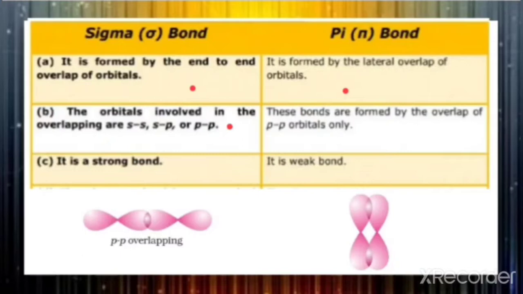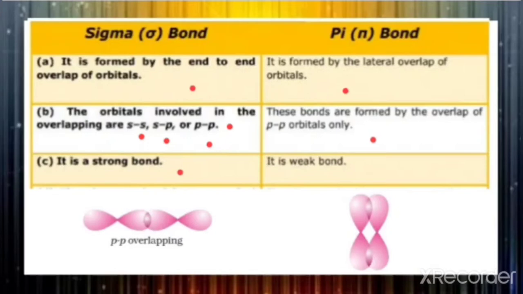Sigma bonds involve s-s overlapping, s-p overlapping and p-p overlapping. In the case of the pi bond, sidewise overlapping is only possible in p-p orbitals, that is px parallel to px and py parallel to py.